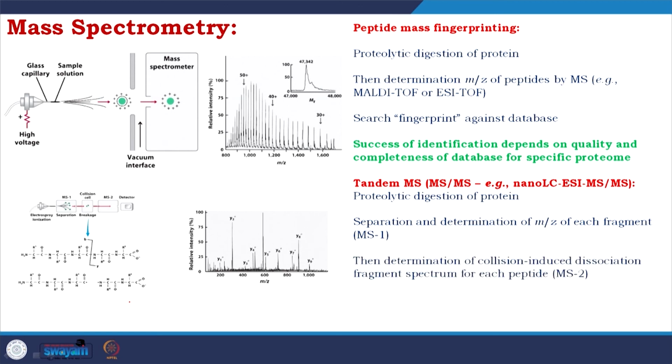This is called the first step, and then determination of the collision induced dissociation fragment spectrum of each of the peptides separately. Because of that, it is high quality and gives context sequence dependent information. It is more applicable to de novo sequencing, where you have no idea or no standard, no database.